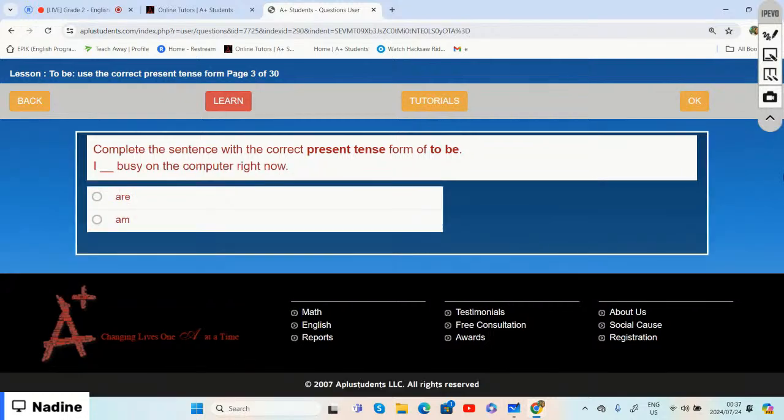I. Do we say I are busy on the computer right now? Do we say I am busy on the computer right now? Which one is the correct present tense form?